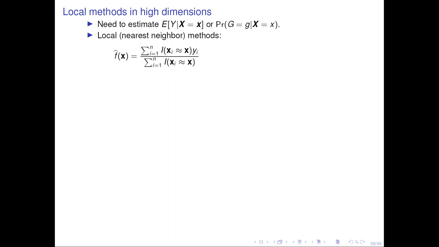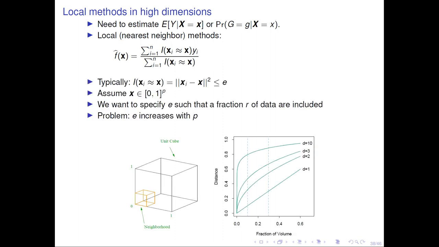Now, to illustrate that things can be very difficult in high dimensions, let's look at one method, which we call a local method or a nearest neighbor method. We have seen this way of estimating f hat earlier, in that we look at an average of responses nearby the point x that we are interested in. That's a reasonable way of doing it.